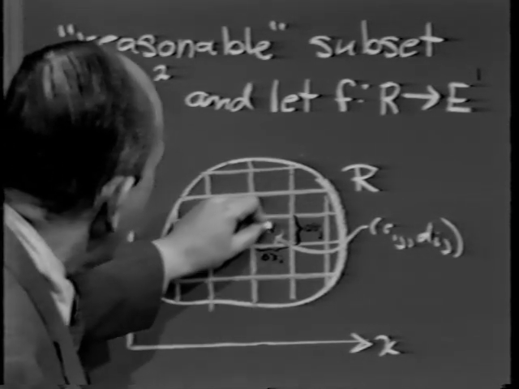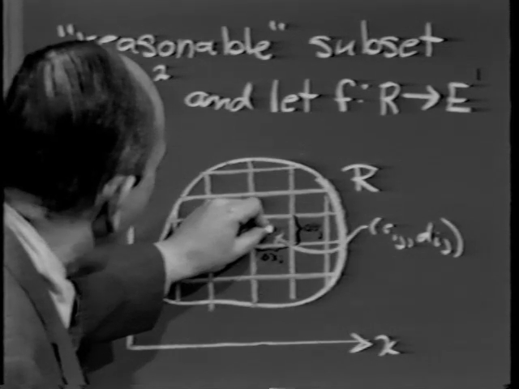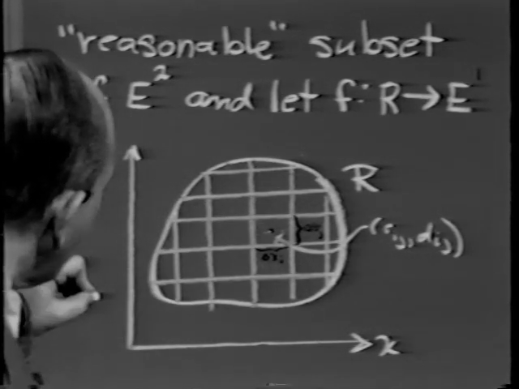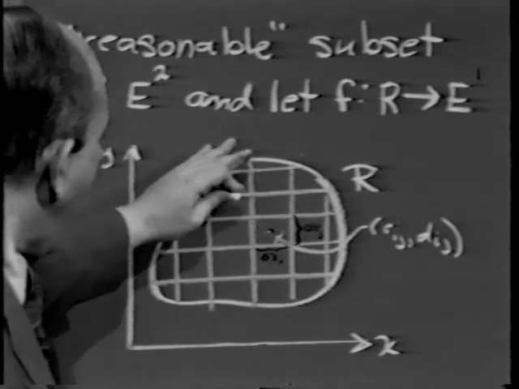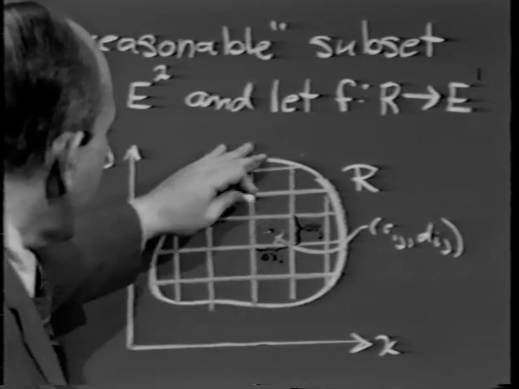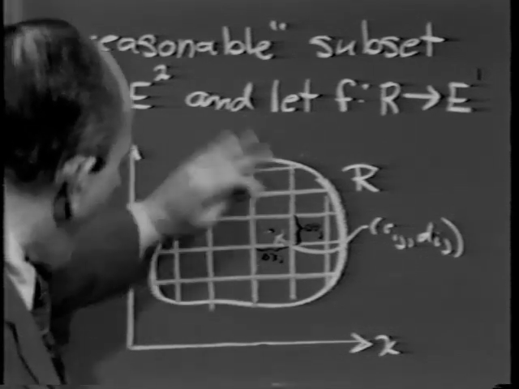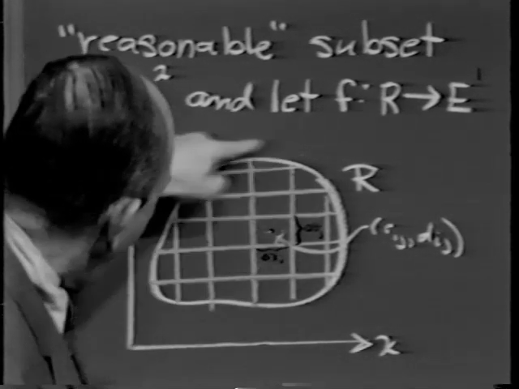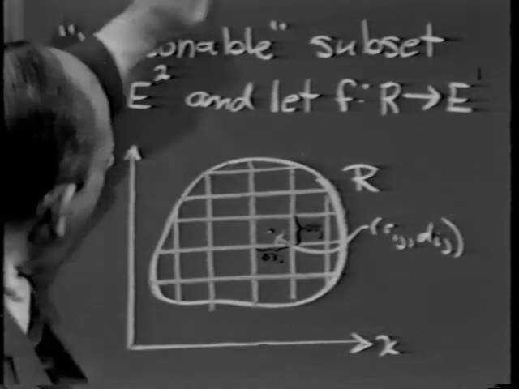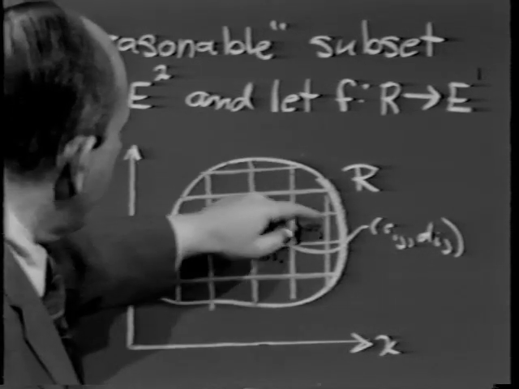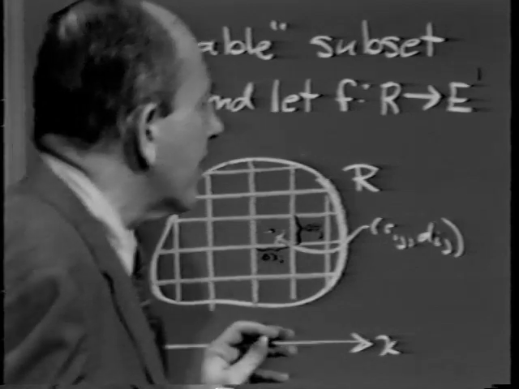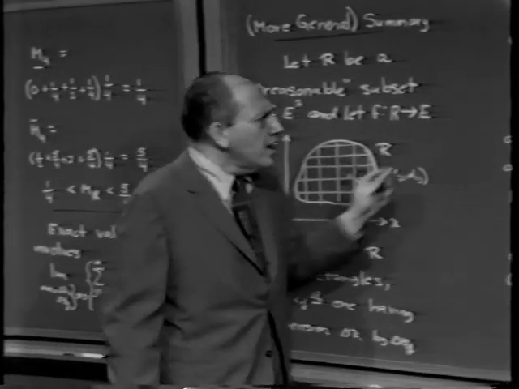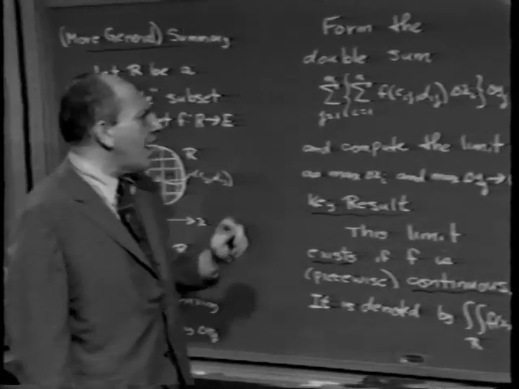Namely, if we visualize F of x comma y as being mapped with respect to the z-axis, we have a surface coming out here. And in a sense, what we're really trying to do is to find an approximation for the volume of the region cut off by this cylinder, and whose top is the particular surface z equals f of x, y. But forgetting about that for the time being, mechanically, all we do is we form this particular double sum.